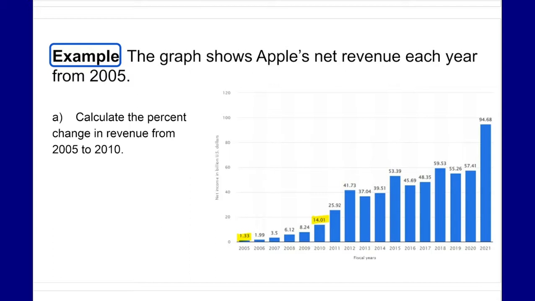So rather than write up those large numbers, obviously we're keeping it relatively small. So the percent change is the new value, so the 14.01 minus the old value of 1.33 divided by the old value multiplied by 100.